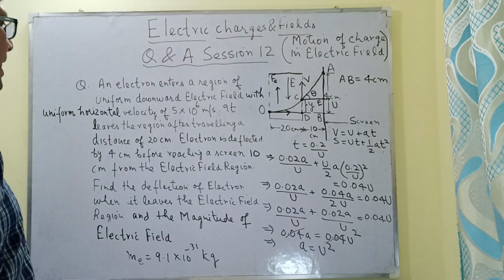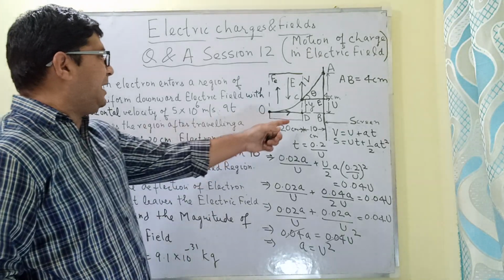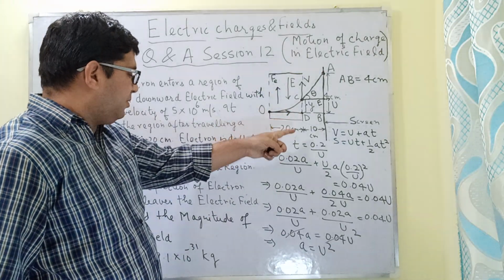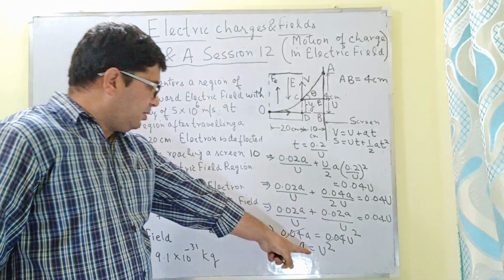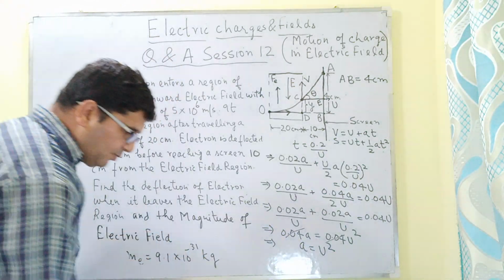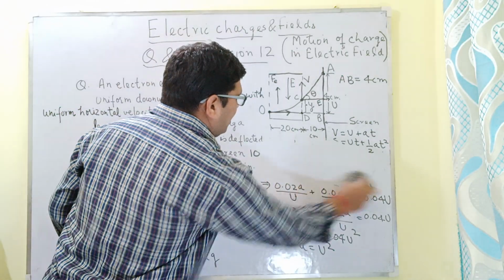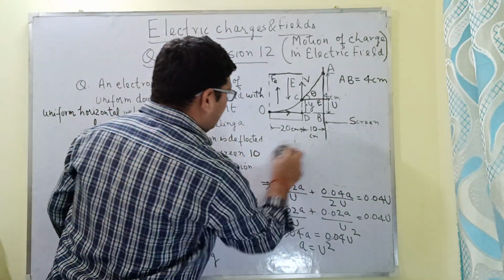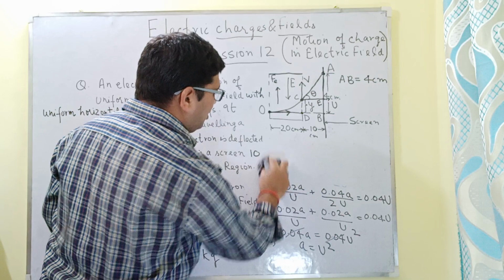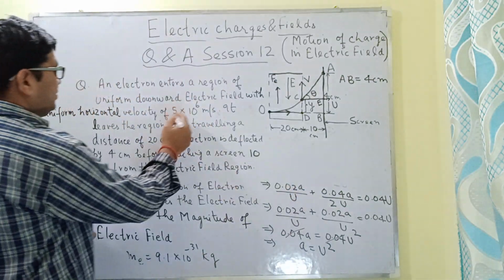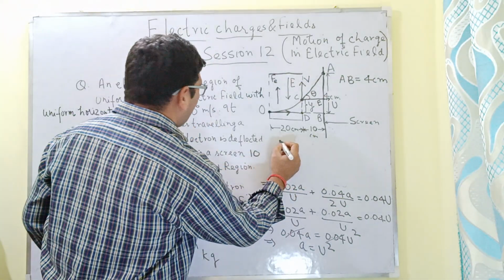Okay, so the acceleration of this electron will be equal to u square, and the value of u is given as 5 into 10 to the power 6.